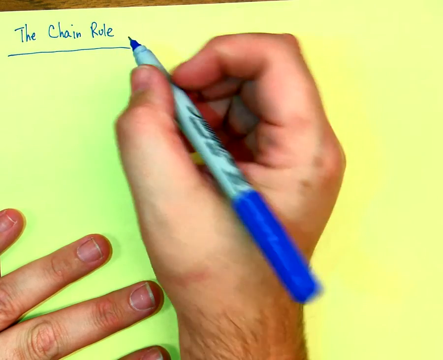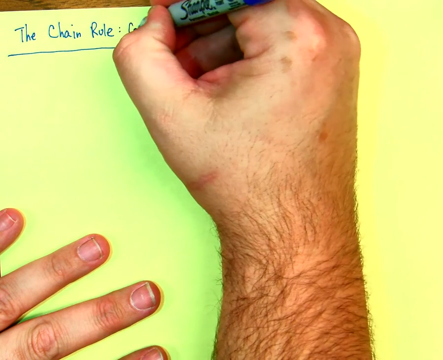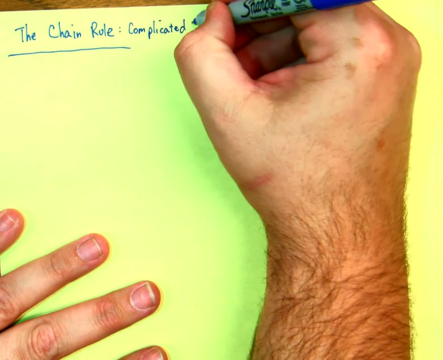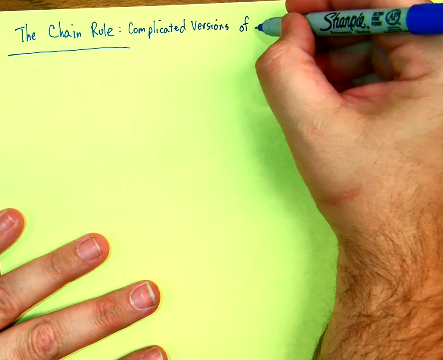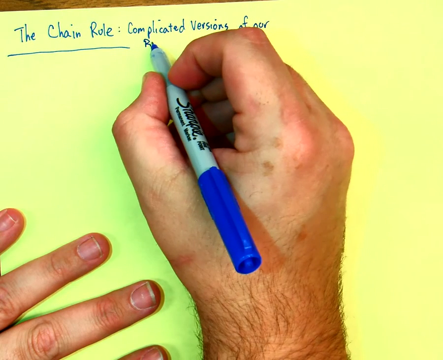And the chain rule is for, we could just think of it as complicated versions of our rules.